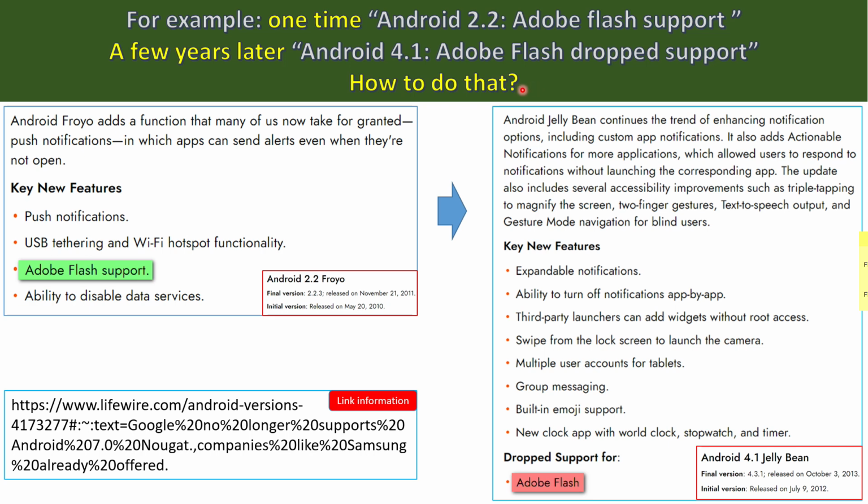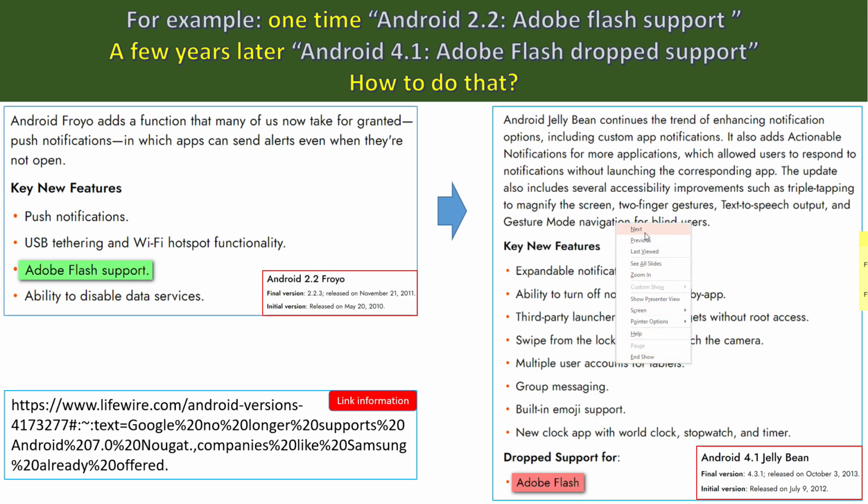How does the owner or the admin do this? First support Adobe Flash, and then a few years later drop support for Adobe Flash.